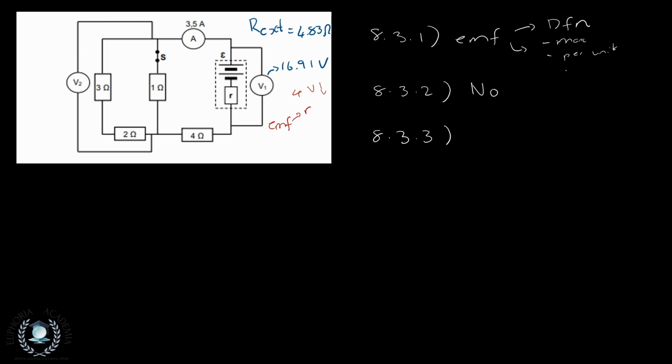But V1 is actually measuring the voltage drops, and it is taking into account the internal resistance, I'm just going to write small r, and then maybe other resistances that we might not know. So that's the difference, right? The EMF doesn't look at the internal resistance, but V1 is looking at it for sure. It is taking it into account.